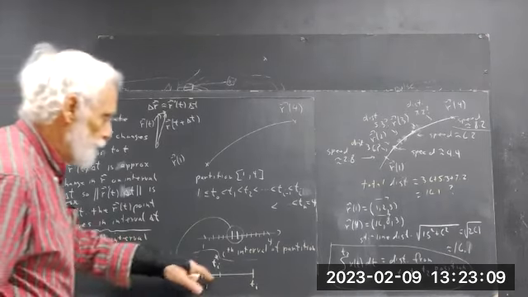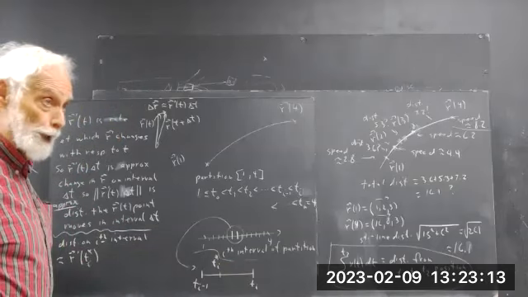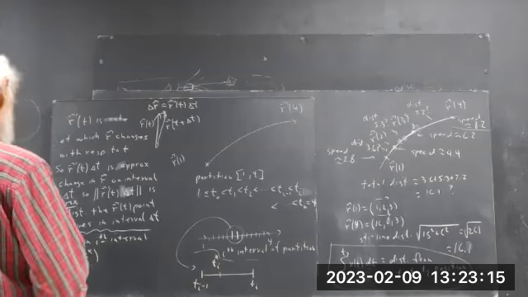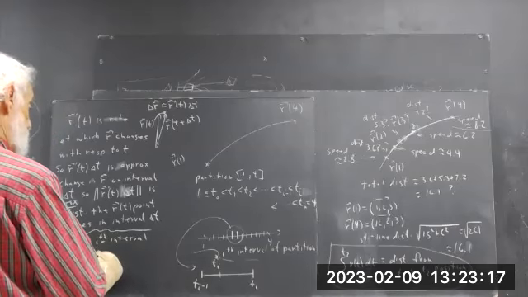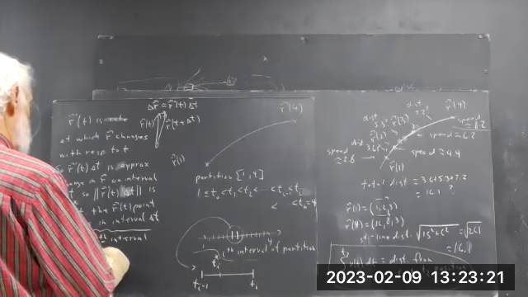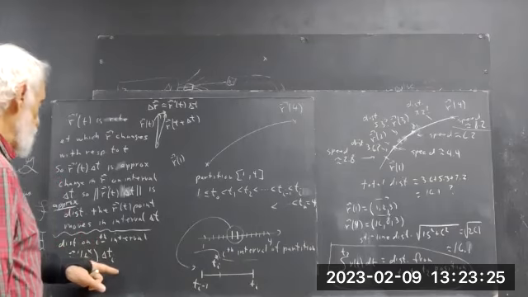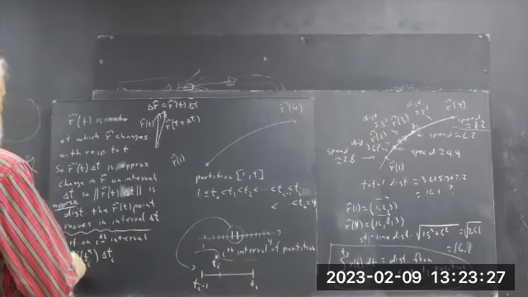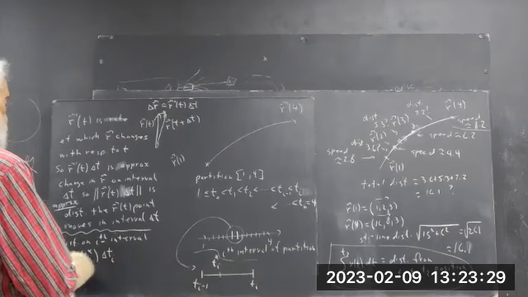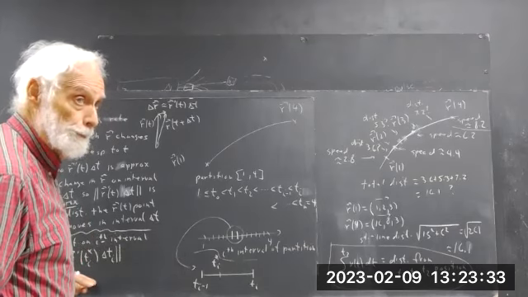In other words, evaluate the speed at some point in here. But this is a small interval, so the speed doesn't have time to change very much. It's the magnitude of R prime of Ti star times delta Ti. Of course, R prime is a vector, so we take the magnitude of that vector.